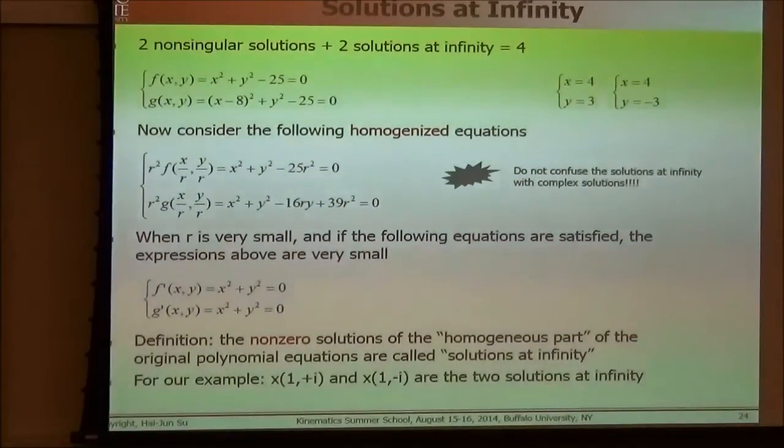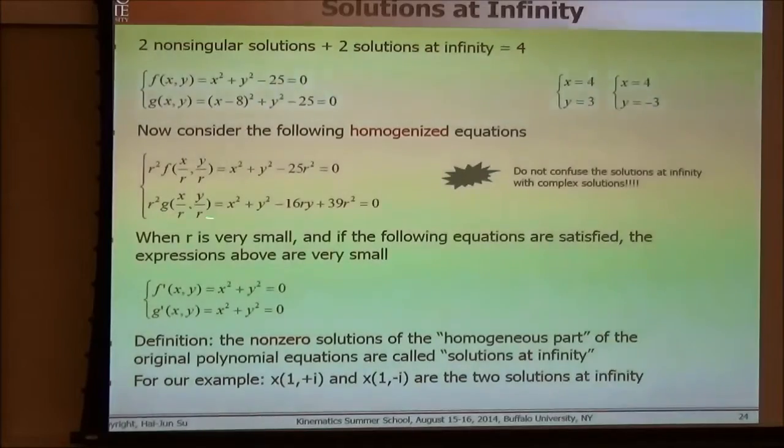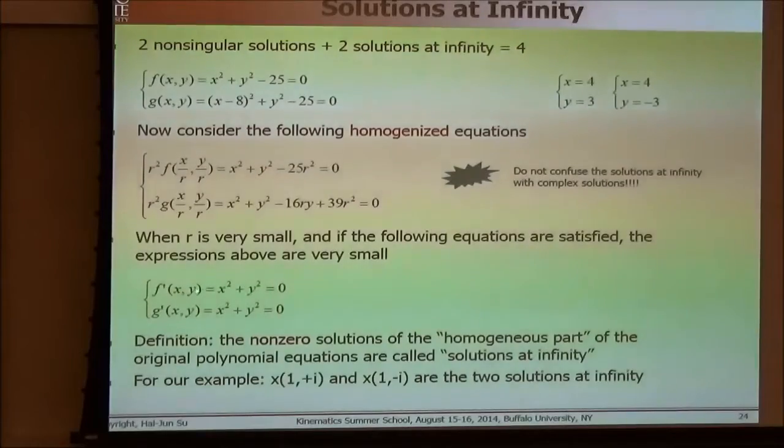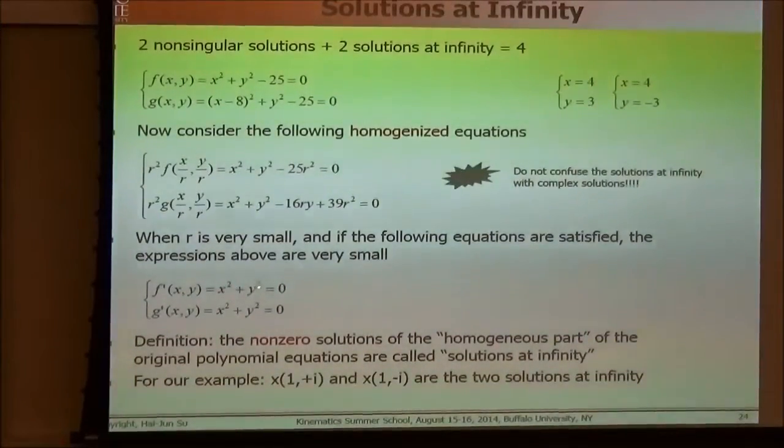Now we get to the concept of solution at infinity. If you think about making these 2 equations homogeneous, and now this homogeneous variable is very small, equal to 0, you end up getting the homogeneous part of the polynomial, x squared plus y squared equal to 0.